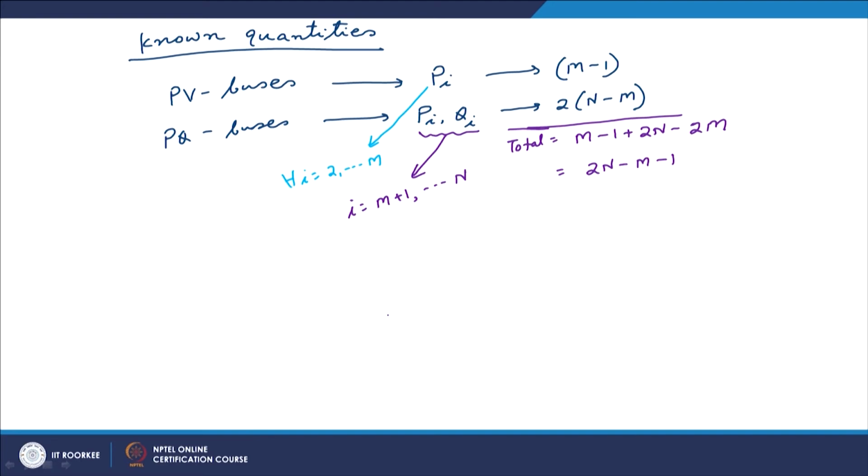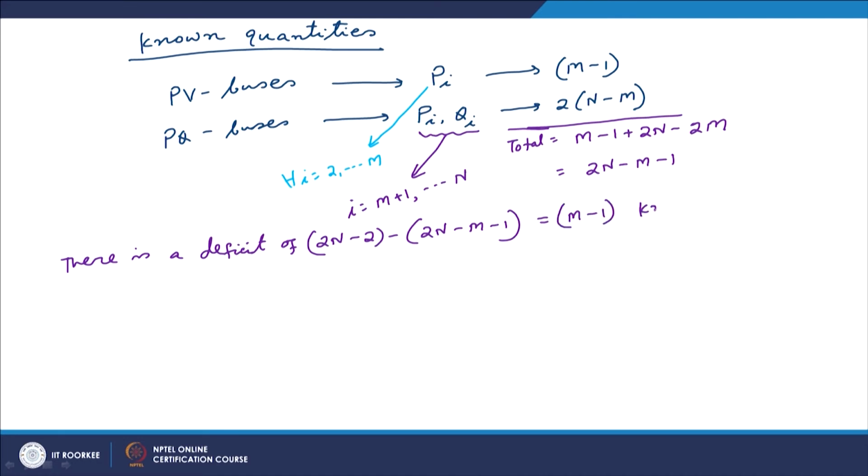So, then therefore, there is a deficit of 2n minus 2 minus (2n minus m minus 1), that is equal to m minus 1 known quantities.